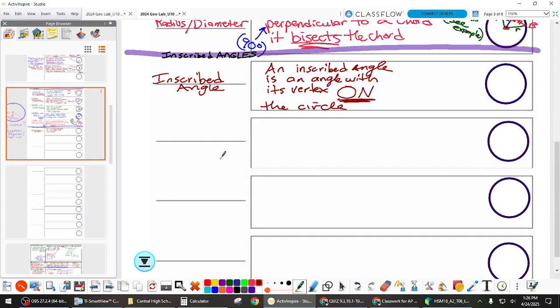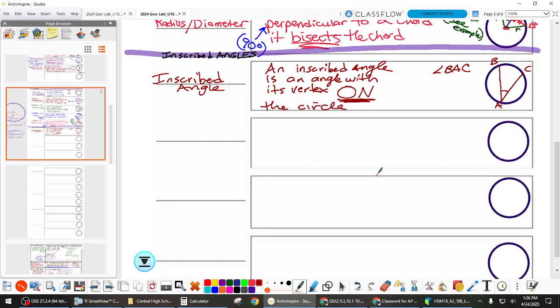Okay, so the vertex is on the circle. And so just draw some version of that. This is angle BAC. And the vertex is right on the edge of the circle.